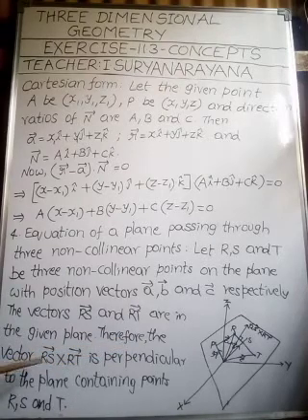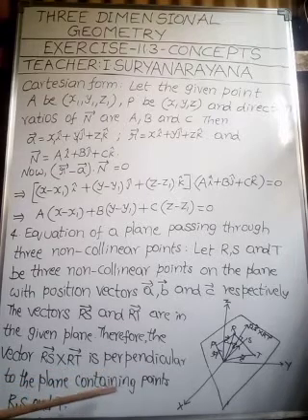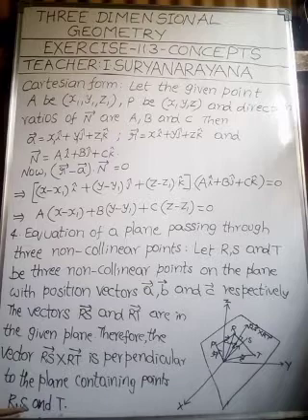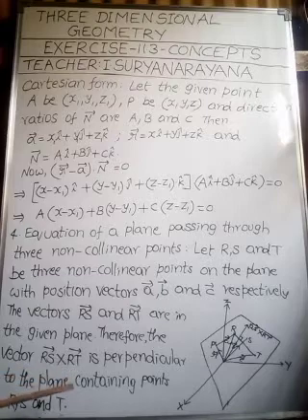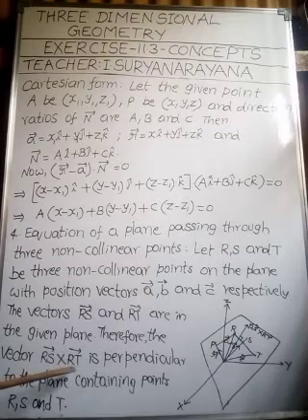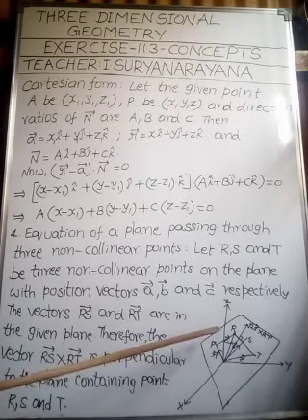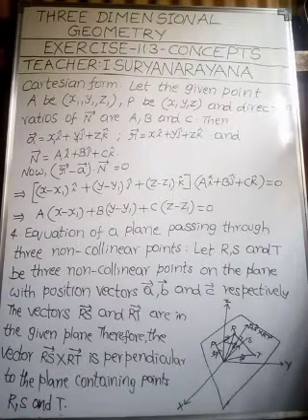Therefore, the vector RS bar cross RT bar is perpendicular to the plane containing the points R, S and T. Previously, we discussed the vector product or cross product of two vectors. The cross product of two vectors is perpendicular to both vectors A bar and B bar. So similarly here RS bar cross RT bar is a vector perpendicular to this plane. Understood this point, my children? Right.